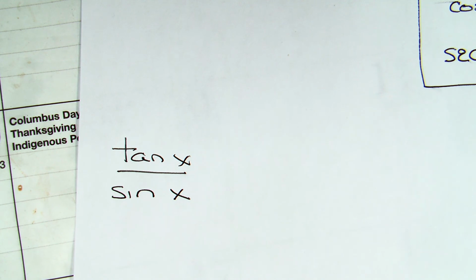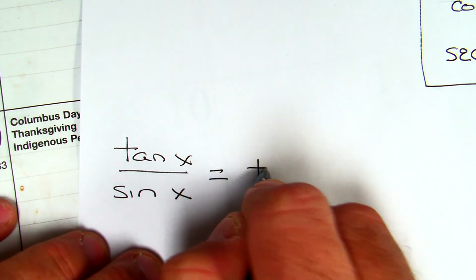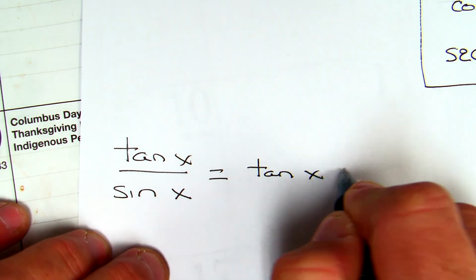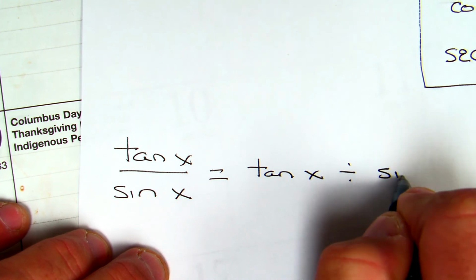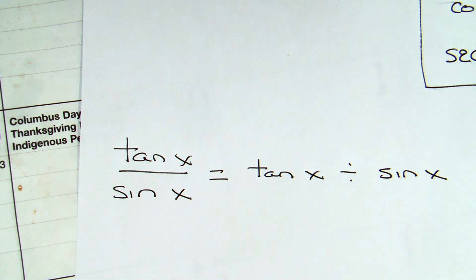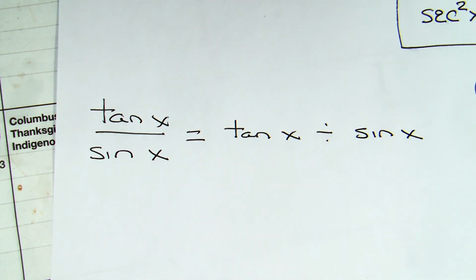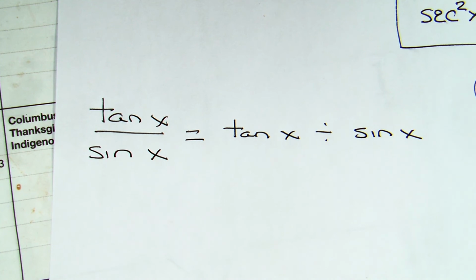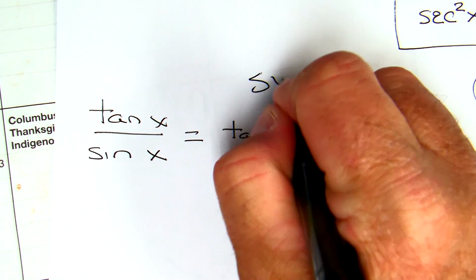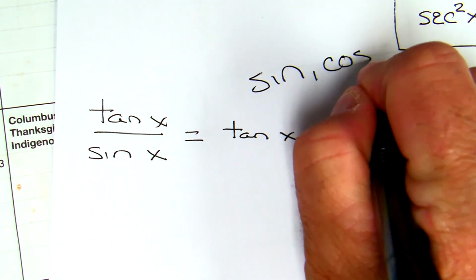My suggestion to you, it doesn't have to be done this way, is the first thing you do is rewrite it as a division problem. Then we write everything in terms of two things: sine and cosine.